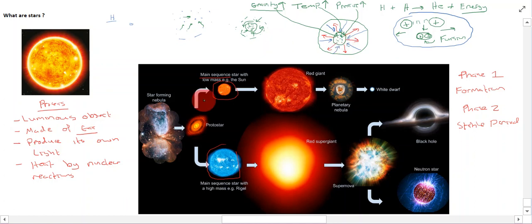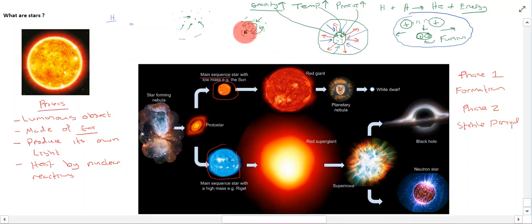Once this process stabilizes, it can take billions of years to go from here to here to here, and we get this stable process happening. A star spends the majority of its life as a main sequence star, and it is in this phase that the star is using up all its available hydrogen in nuclear reactions to emit heat and light.